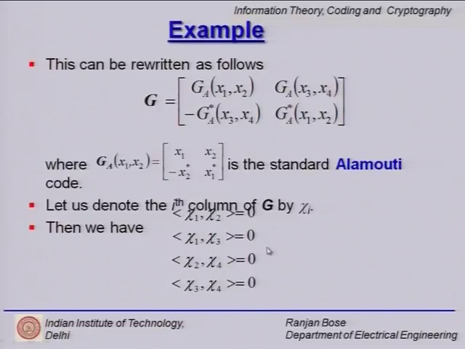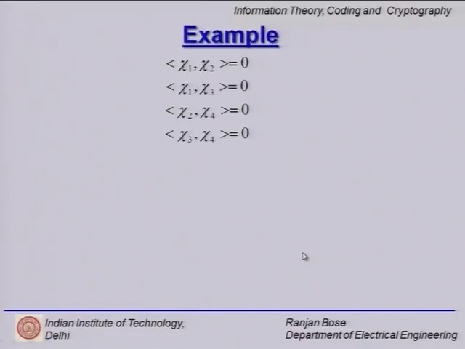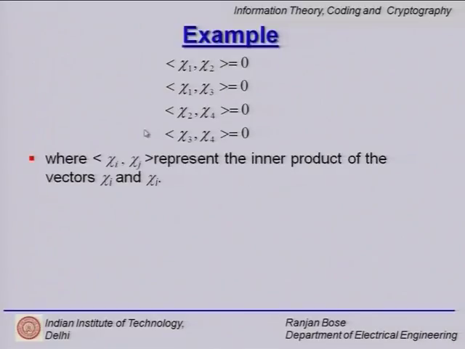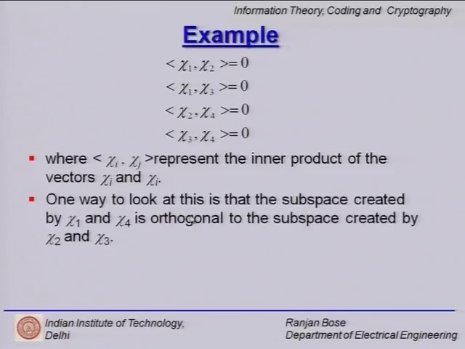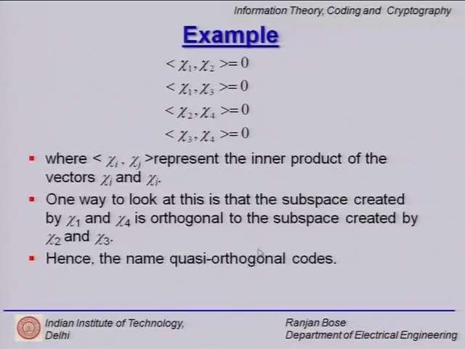So we are looking at this pairwise orthogonality and therefore the name quasi orthogonal. Here this notation is the inner product of the vectors. One way to look at it is that the subspace created by chi 1 and chi 4 is orthogonal to the subspace created by chi 2 and chi 3. So therefore we have these quasi orthogonal codes. This justifies the name.